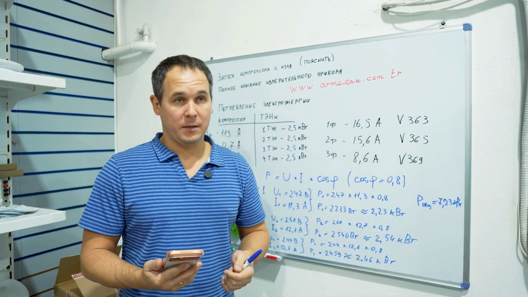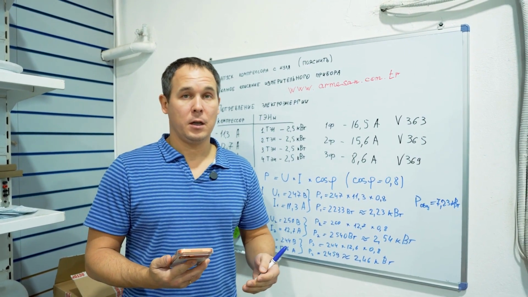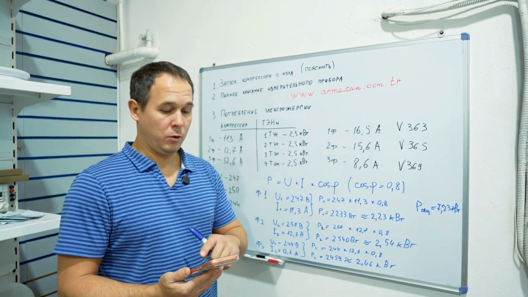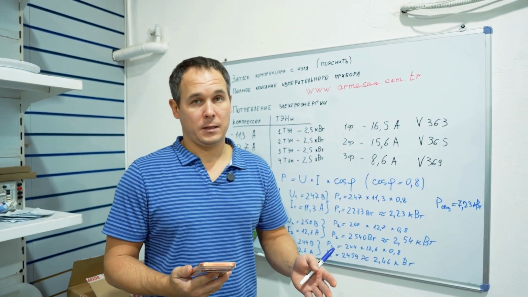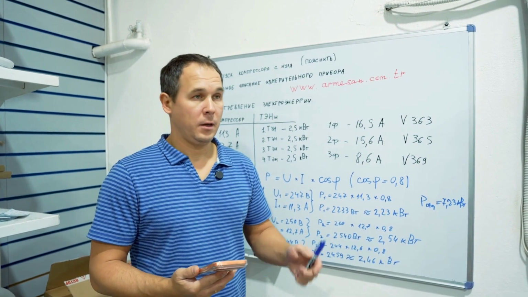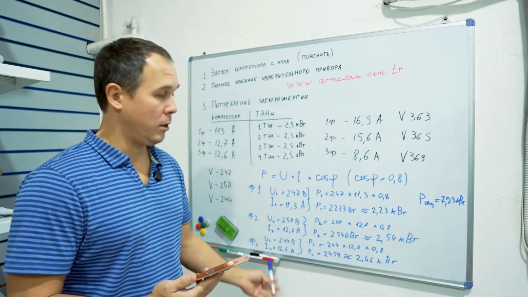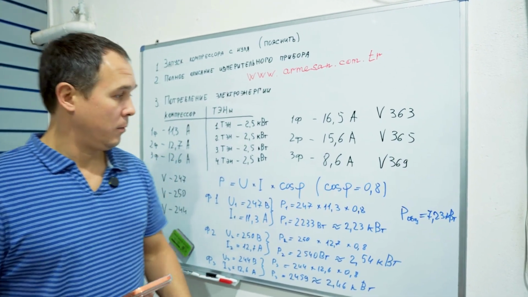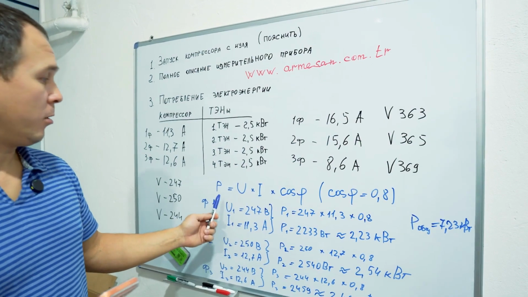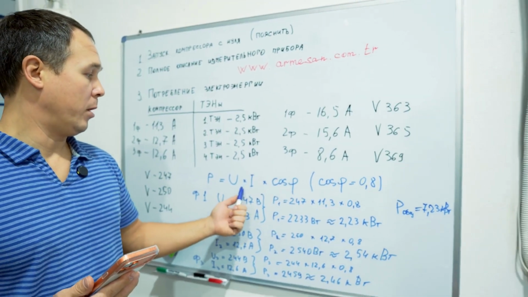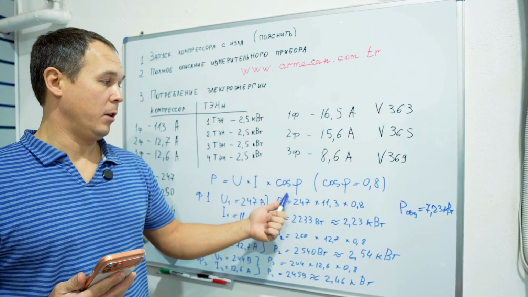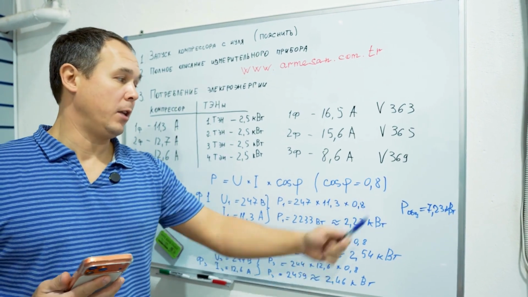By using the specific voltage and amperage readings, we can accurately calculate the consumer's total energy usage within a standard 3-phase network. In this case, this calculation is for the compressor. Here is the formula used to calculate all of this. P equals U times the current strength times cosine phi, where cosine phi equals 0.8.